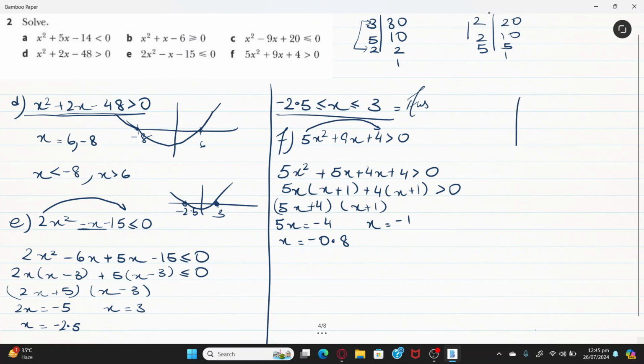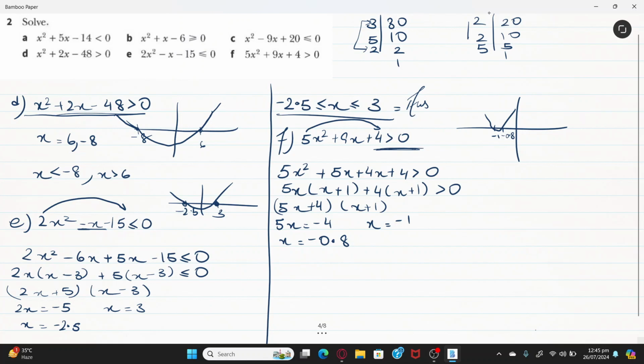Now what we're going to do is visualize this with a graph. We make a graph, negative 1 is somewhere like here, if we assume it, and negative 0.8 is somewhere like here. And if we draw a parabola for these points, they've asked us the values which are greater than 0, but they've also told us that those values should not be equal to 0. So negative 1 and negative 0.8 are out of this equation for now.